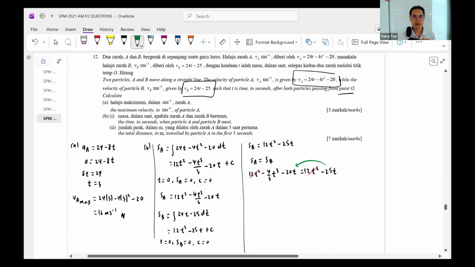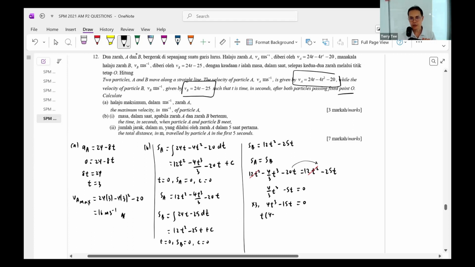Maybe I bring everything to the right, guys, because I don't like the negative 4 over 3, right? I bring to the right, so it's positive 4 over 3 t cubed. Minus 20 brought to the right becomes minus 5t. Here I multiply everybody by 3, 4t cubed minus 15t equals 0.